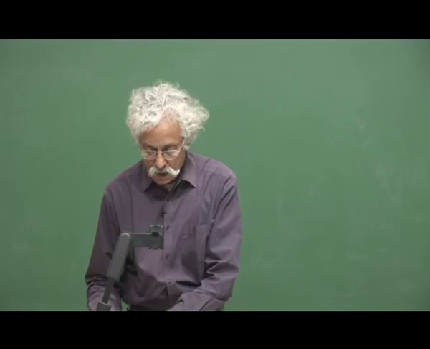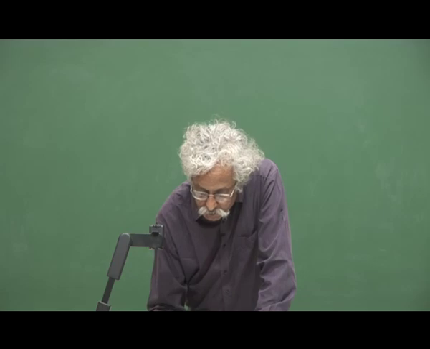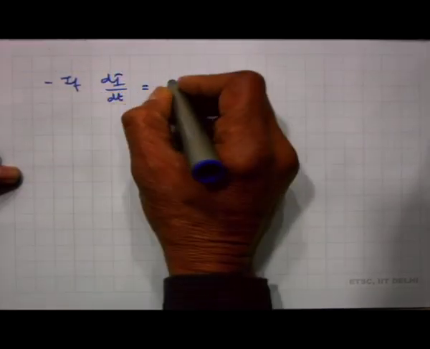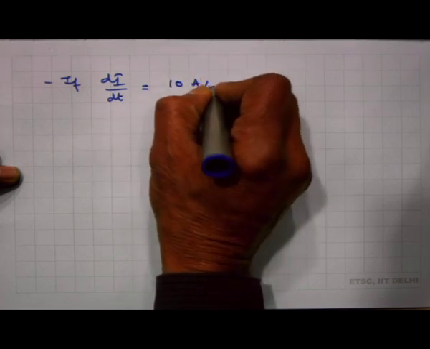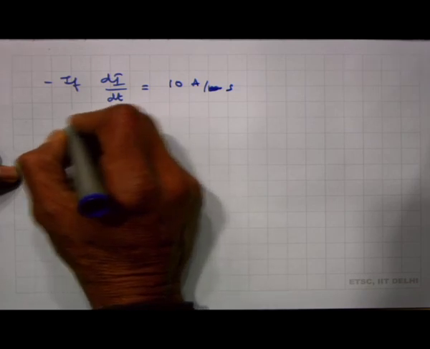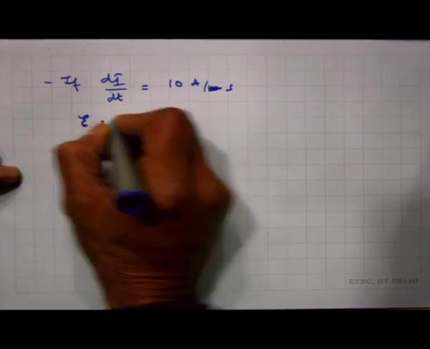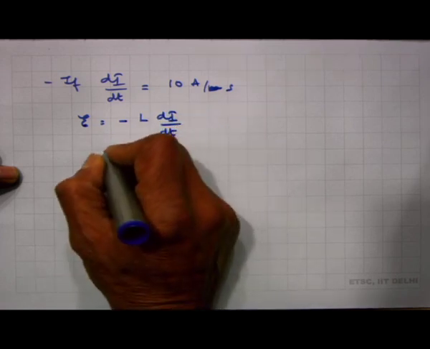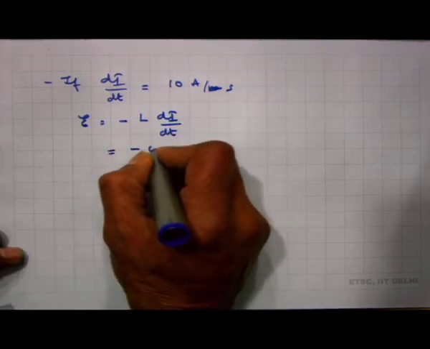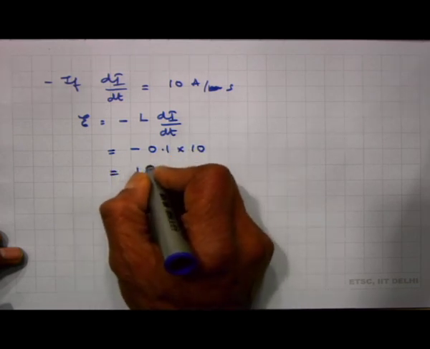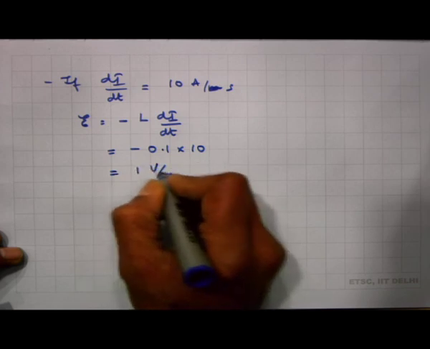So this particular self inductance is about 0.1 Henry per meter, and if I were to change the current, if dI by dt is equal to 10 amperes per second, then the induced EMF will be equal to minus L dI by dt, which is minus 0.1 into 10, which is 1 volt.